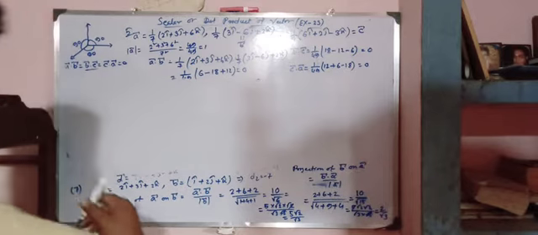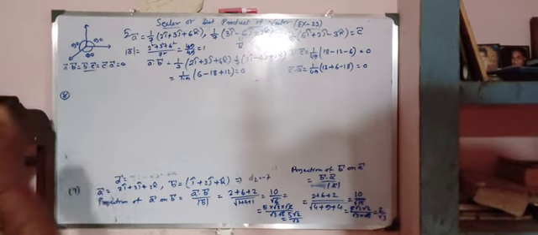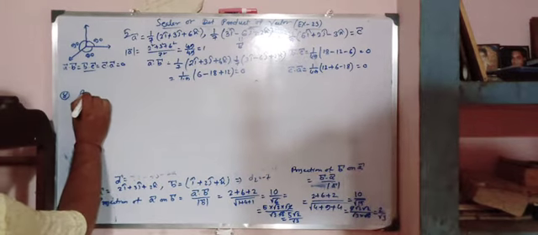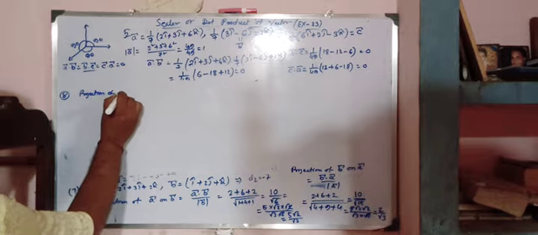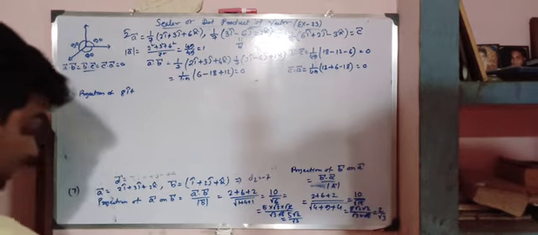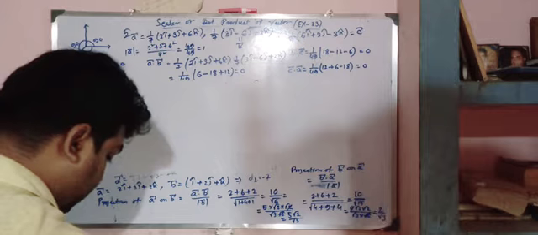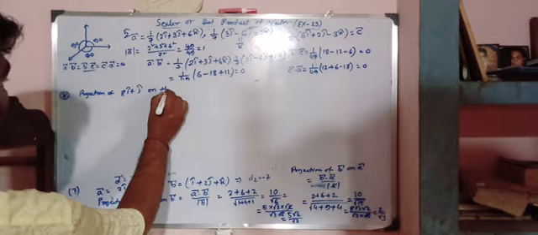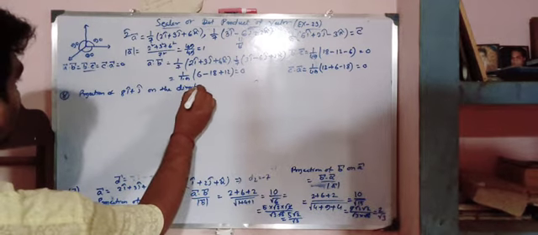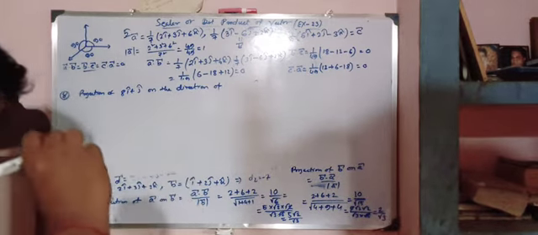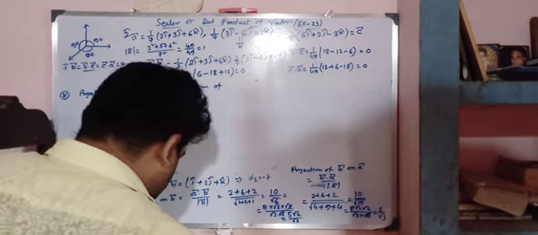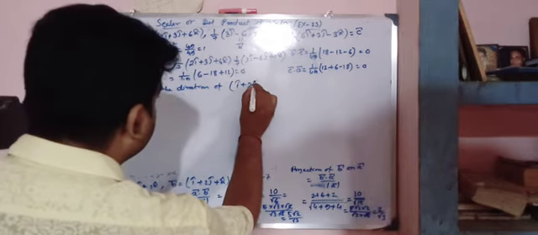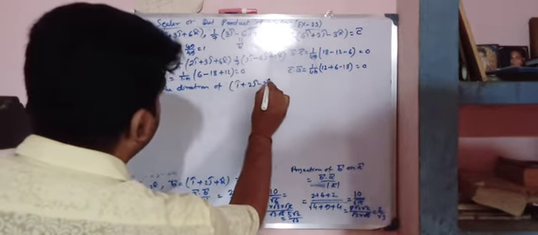Find the projection of 8 i cap plus j cap on the direction of i cap plus 2 j cap minus 2 k cap.